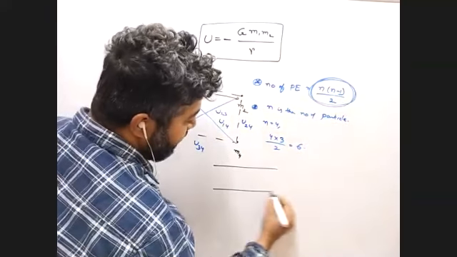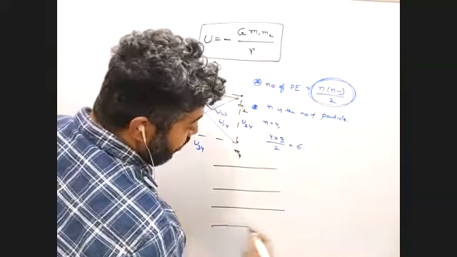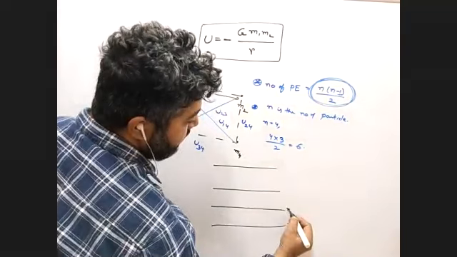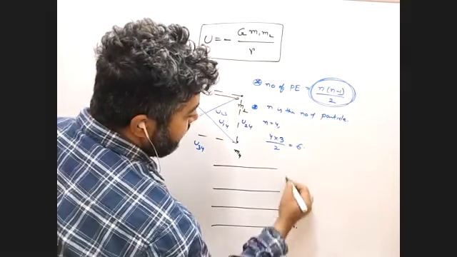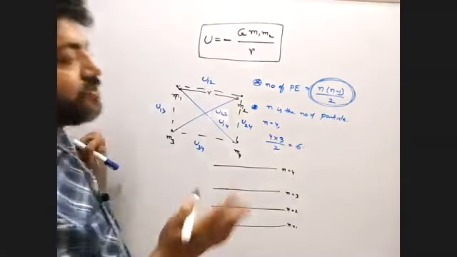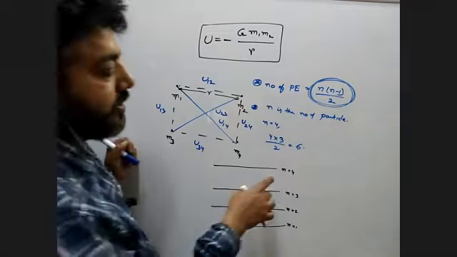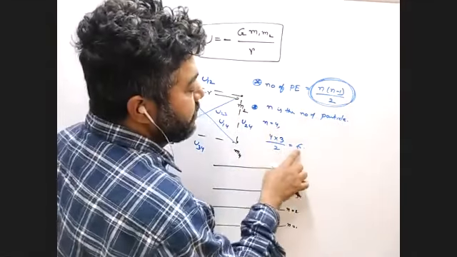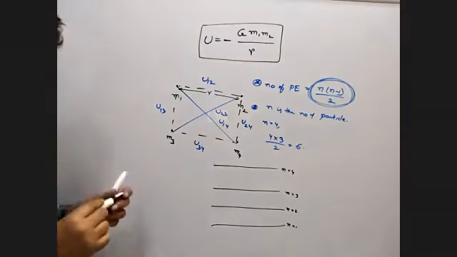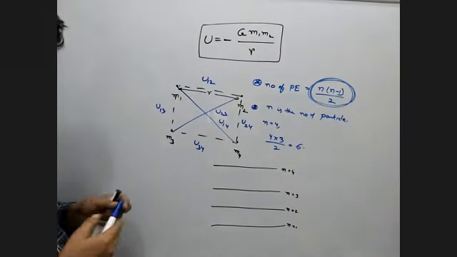Suppose you have four orbits, n1, n2, n3, n4, and the question is how many types of radiation are possible. As the number is 4, the number of radiations possible is 6. How?